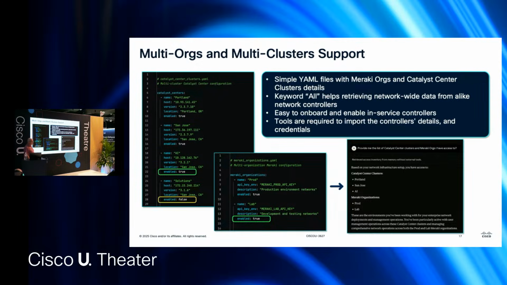One is not in service, is not enabled for MCP to use. If I change this to true, then the MCP server will use it. You can see here that I have access only to 3 controllers because only 3 are enabled. It's very easy from a YAML perspective. I'm going to add our Meraki organization. Next time when the MCP server is used, I have access to 3 Meraki organizations.